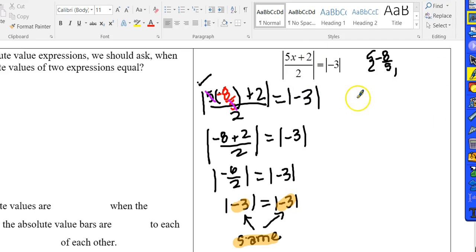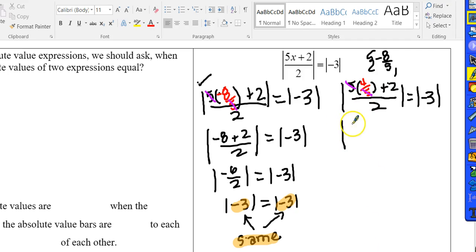Second time we solve it, we're going to plug in, what was it, 4/5? Yes? Thank you. So we're going to go 5, open up parentheses, plus 2 over 2 equals absolute value of negative 3. And I'm going to plug in 4/5. Then I'm going to work in my numerator, cross simplifying my 5's.